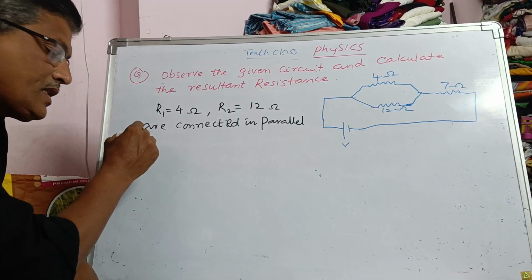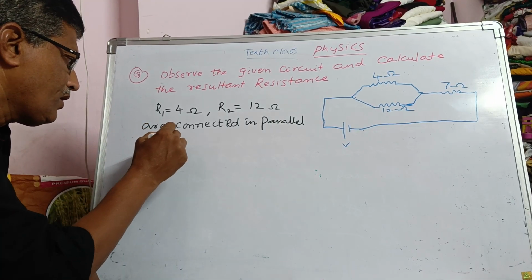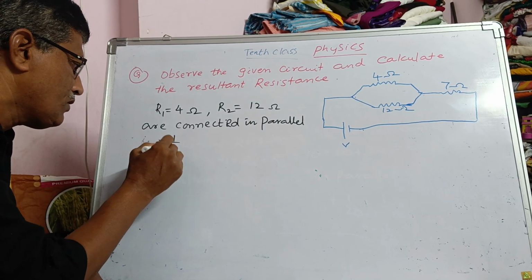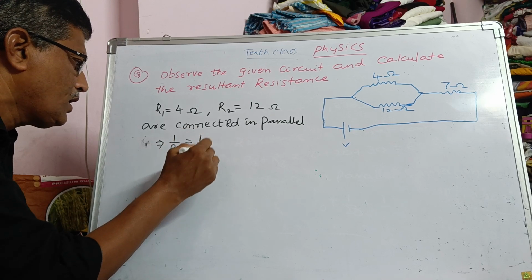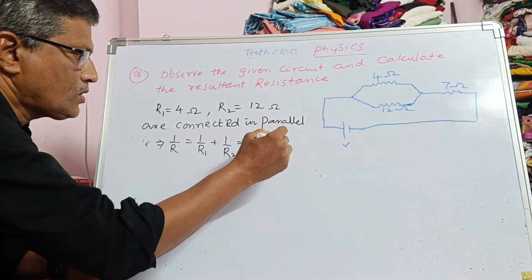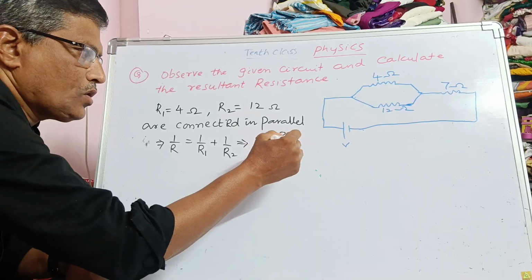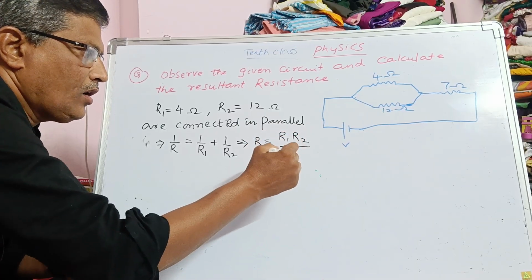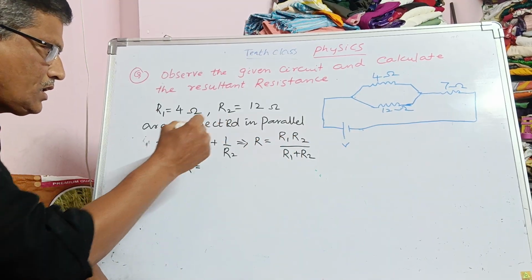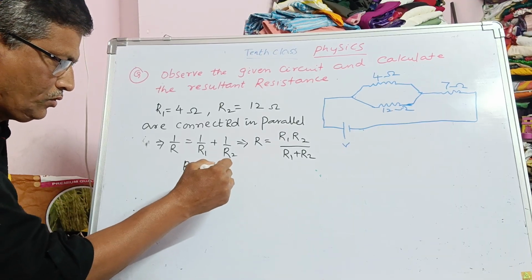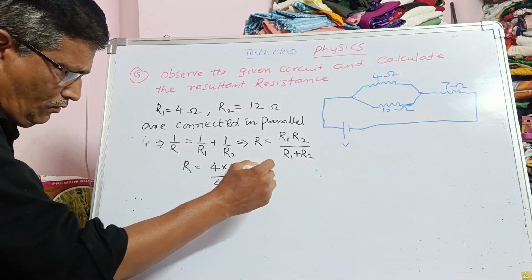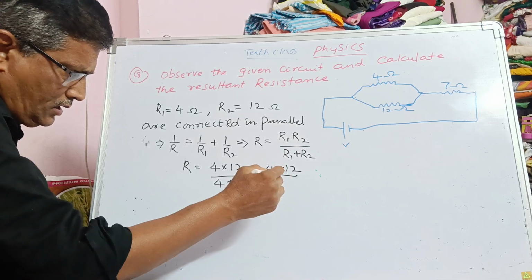So for their resultant resistance we take the formula 1 by R is equal to 1 by R1 plus 1 by R2, which implies R is equal to R1 into R2 divided by R1 plus R2, that is 4 into 12 by 4 plus 12, that is 4 into 12 by 16.